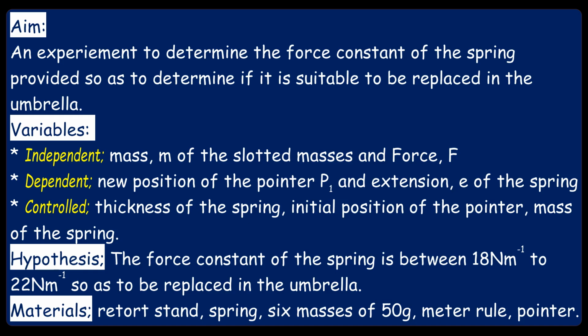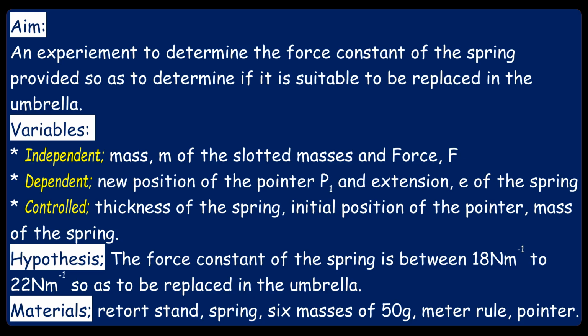We have three of them: independent, dependent, and controlled. Under independent, there is mass, because it is going to be, it is already generated values. You are the one who is going to generate them. Mass of the sorted masses and force F. Then under dependent, we have new position of the pointer and extension E of the spring.